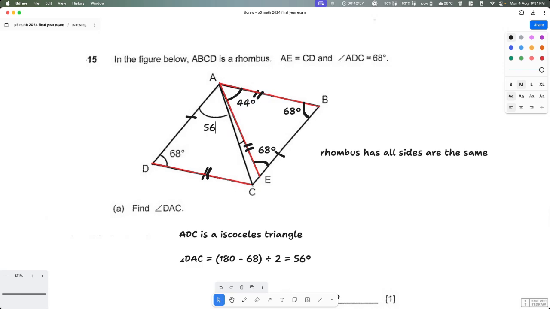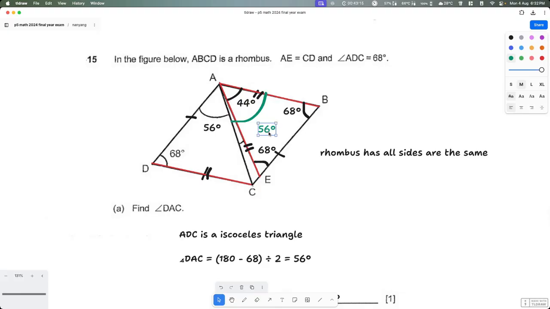So this is 56. And also, the best part about this is this whole thing over here. I'm going to put this in green. This whole thing is also, you guessed it, 56 degrees.